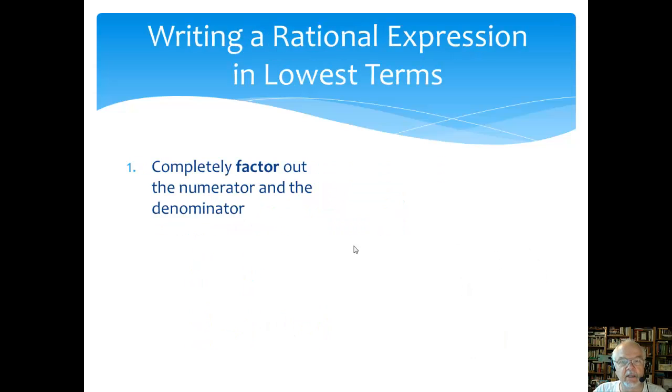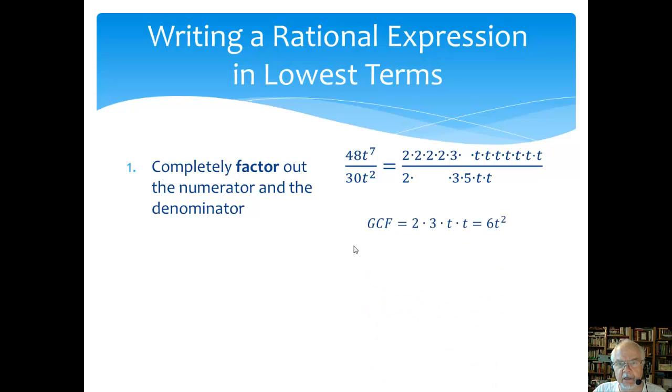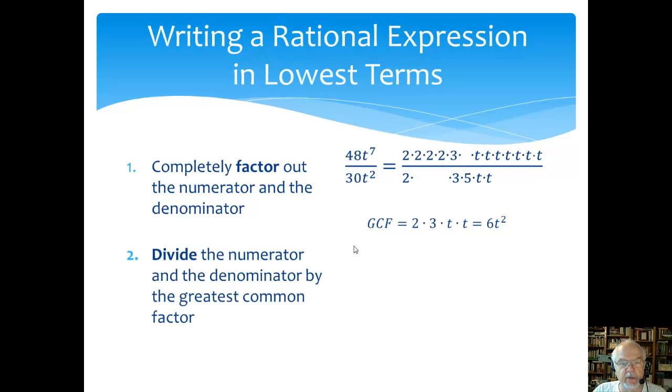First step, we completely factor out the numerator and the denominator. So we did that in the first example, and we noticed that we have common terms, 2, 3, and 2 t's. So when we multiply them together, we get a greatest common factor, which is 6t squared. That's the greatest common factor of the numerator and the denominator. Well, then we divide the numerator and the denominator by the greatest common factor. When we're done, that's going to give us the simplest terms.